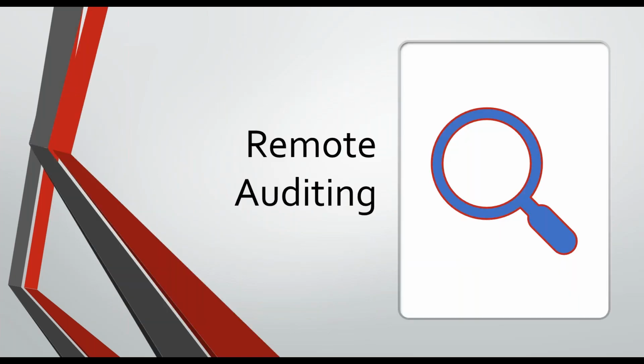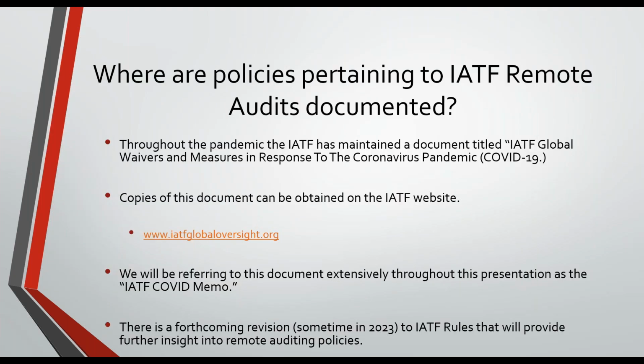So with that in mind, let's transition to remote auditing. Now, the remote auditing within IATF 16949, obviously, this came about as a result of the pandemic, and the policies related to the remote auditing are still housed in the IATF COVID memo, which the formal title for that is the Global Waivers and Measures in Response to the Coronavirus Pandemic.